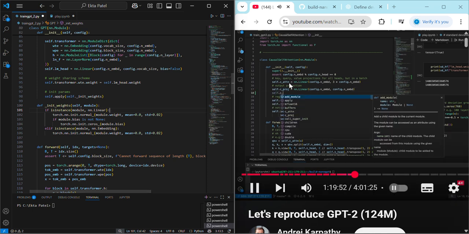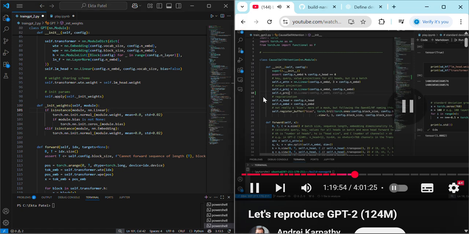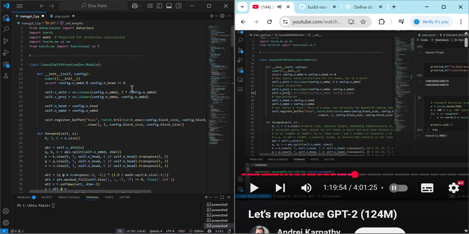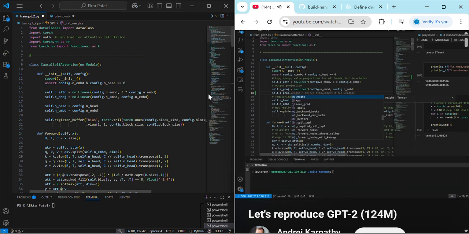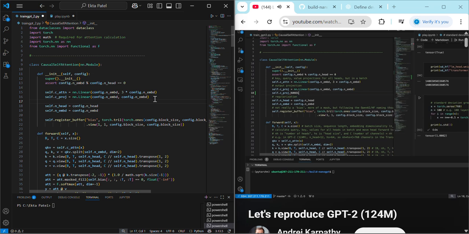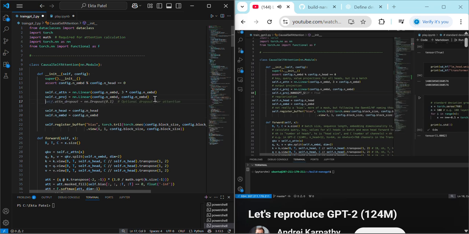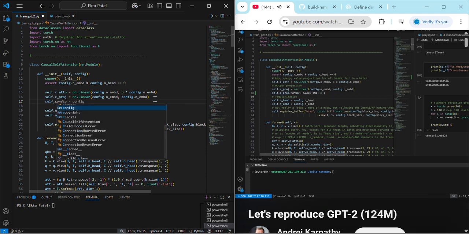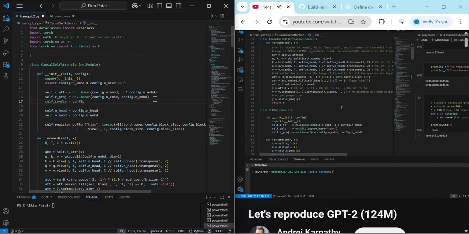We'll do in the initialization, the special NANOGPT_SCALE_INIT is 1. So we're setting kind of like a flag for this module. There must be a better way in PyTorch, right?